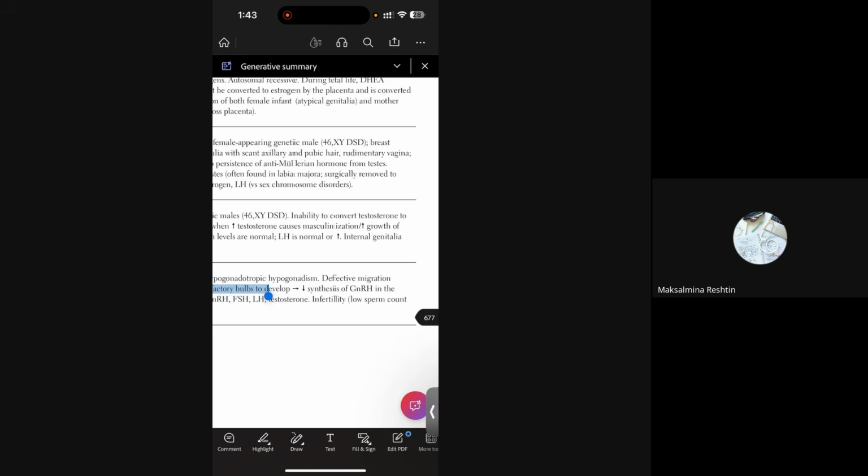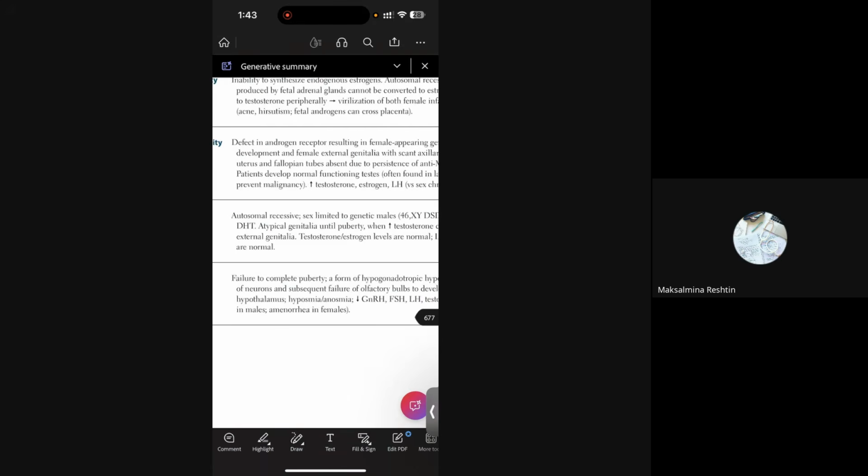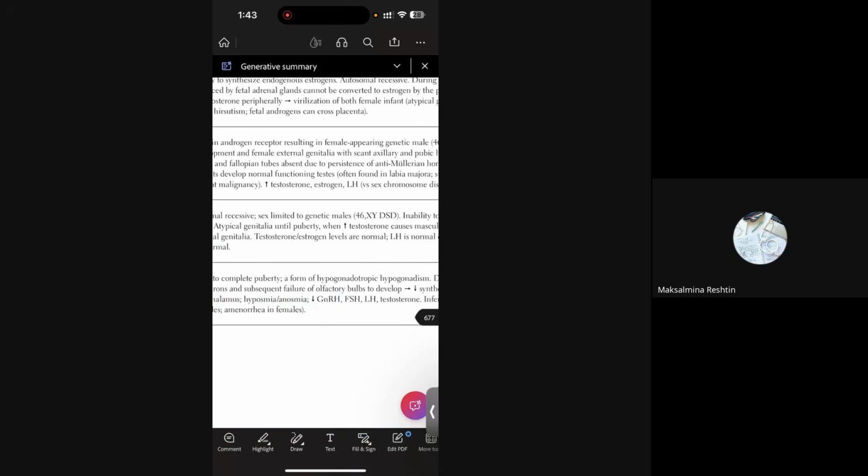Along with that, there is decreased synthesis of GnRH, due to which you are going to see hypogonadism. So what is the cause here? Kallmann syndrome, and you are going to see decreased GnRH, and when GnRH is decreased, FSH and LH decrease. When FSH and LH are decreased, testosterone is decreased.